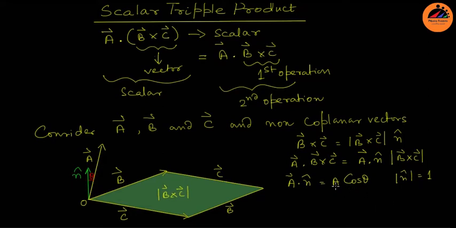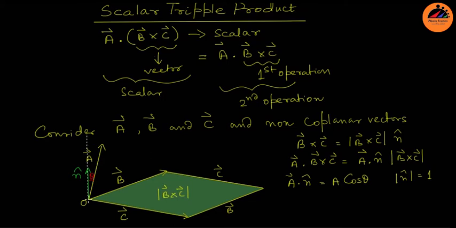And what is A cos theta? A cos theta is basically the projection of A along n. If you want a geometrical construction, let's draw a line along n cap.